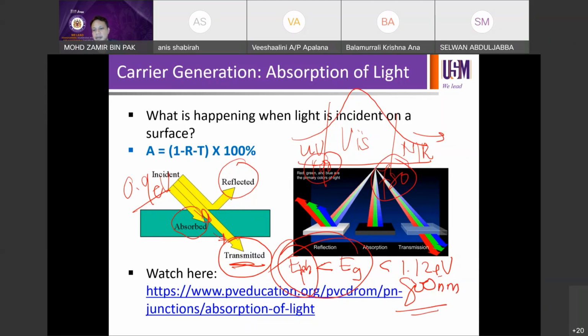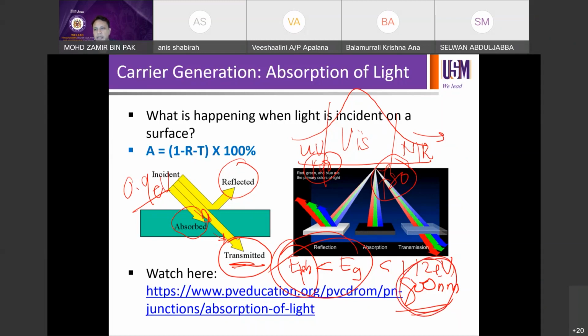Have you learned this? It uses a simple equation, right? I think you learned it somewhere in a previous course. How do you convert photon energy to wavelength, and wavelength to photon energy?